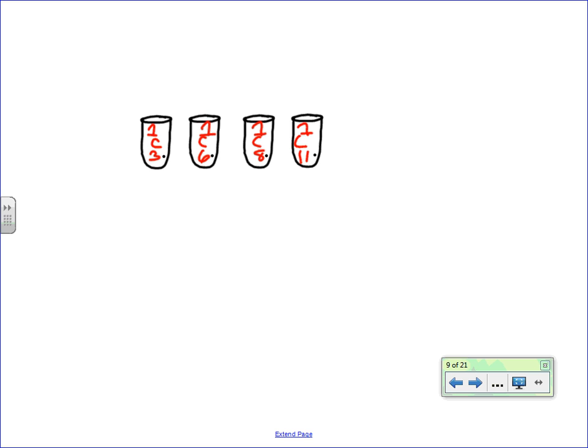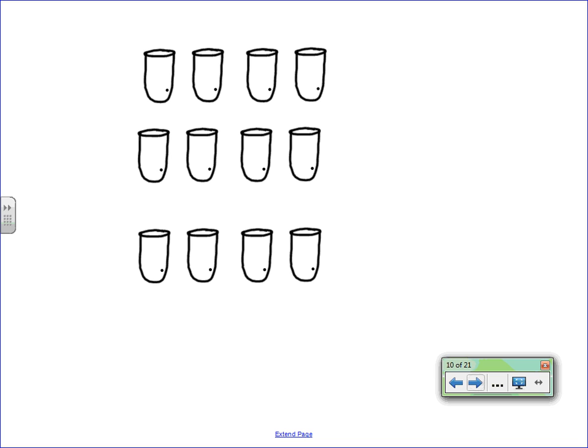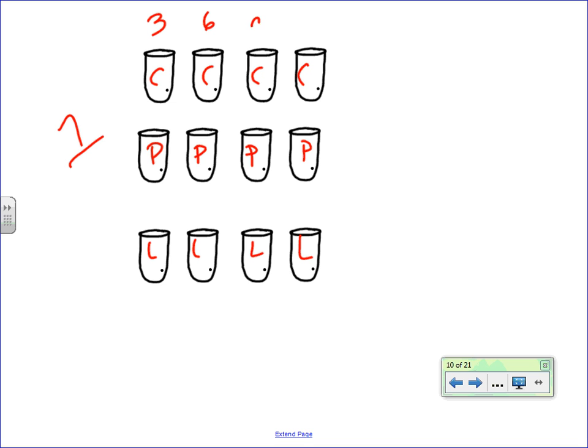Now they didn't just do it with carbs. What else did they do it with? Proteins and lipids. So now we need to have at least 12 test tubes. So this is all enzyme 1, breaking down carbs, proteins, and lipids, all at different pHs: 3, 6, 8, 11.